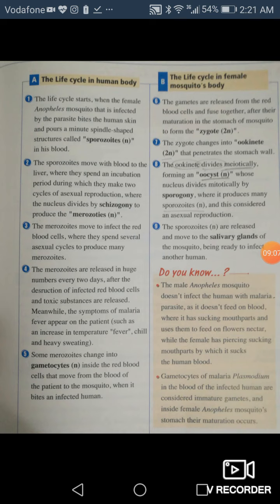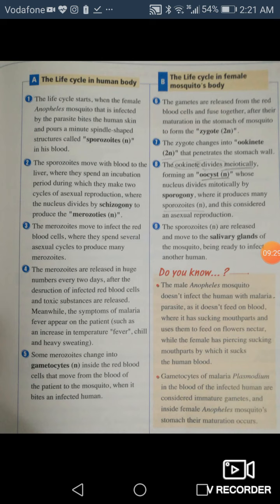The merozoites are then released in a huge number after 2 days. They spend 2 days attacking the red blood cells and reproducing. After 2 days, and after the destruction of the infected red blood cells, they rupture the red blood cell and come outside, and toxic substances are released.